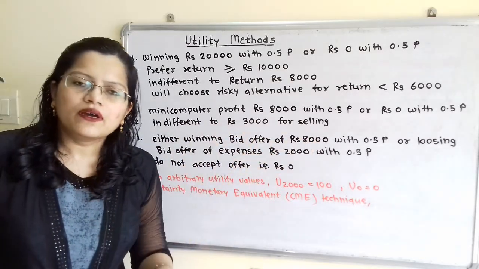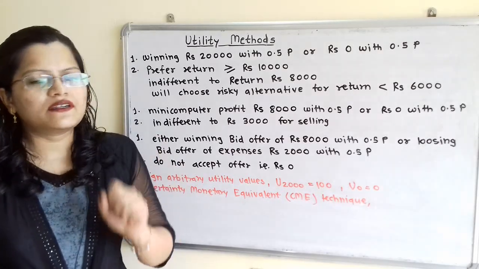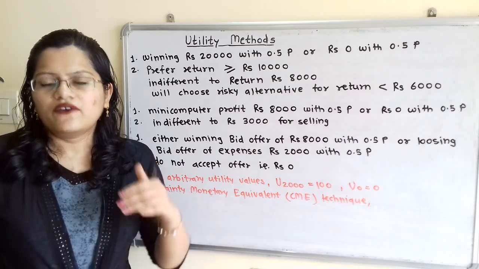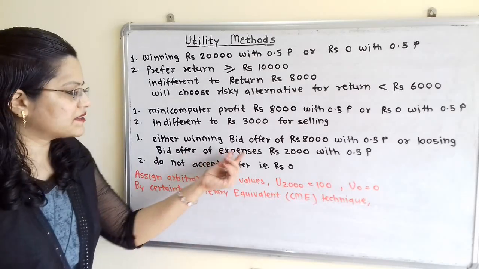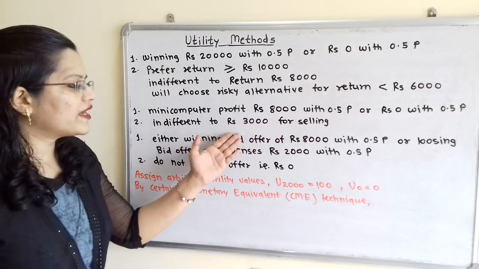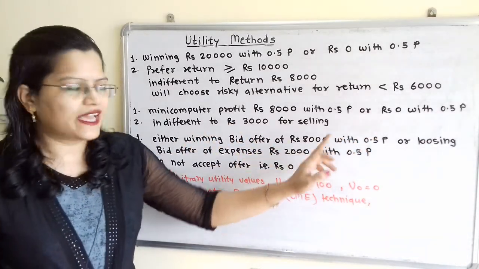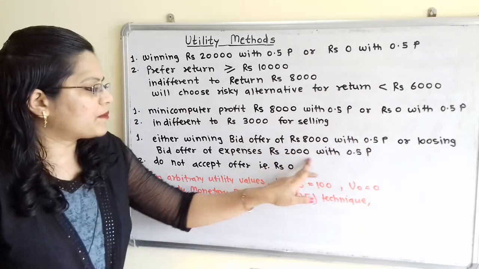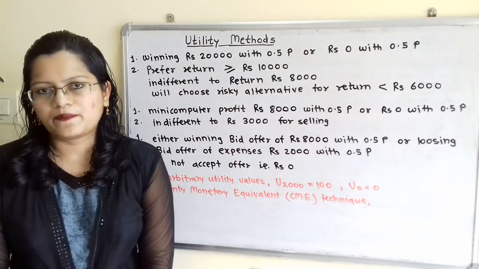But if we lose this bid offer, then what will happen? There are expenses for this offer, and these expenses are rupees 2,000. The probability of winning or losing is equal. That means the probability of winning is 0.5 and the probability of losing is 0.5.